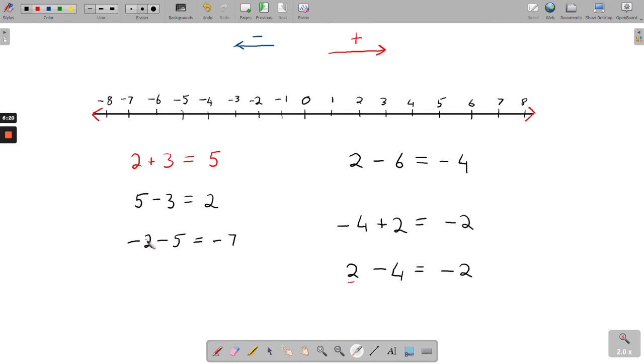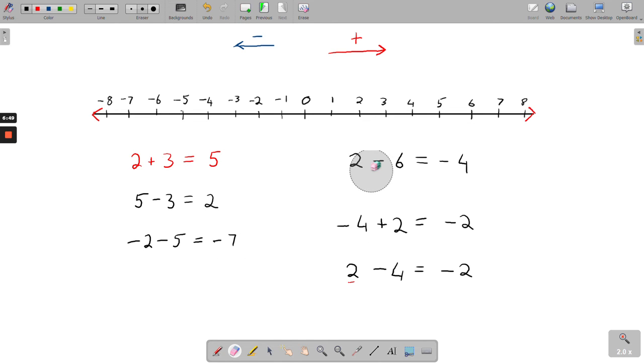Now, if you get two negative numbers added together, you just put them together and keep the sign. So you can see minus 5 minus 2 is equal to minus 7. I'll do another example below that. If we had minus 3, minus 6, well, 6 plus 3 is going to give us 9. And because they're both negative numbers, we're going to leave a negative in there.